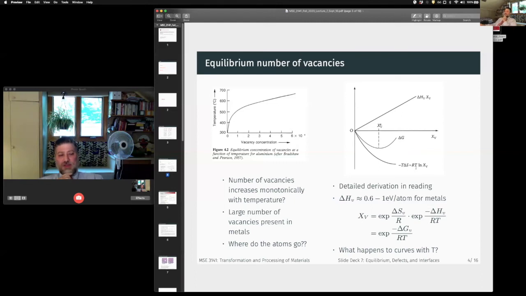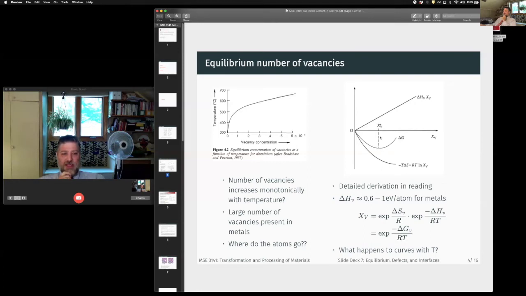So what happens as we shift temperature? Well, this stays approximately the same, and this has a direct negative temperature dependence. So if we increase the temperature, this curve is going to get deeper. As this slope becomes more and more negative, the location of this minimum is going to shift to the right.